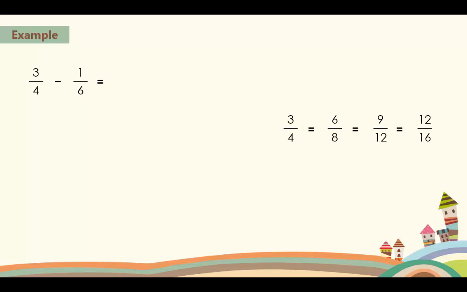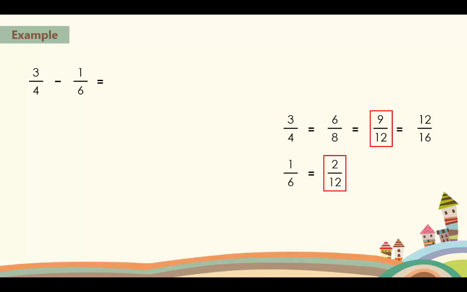An equivalent fraction of 1/6 is 2 over 12, and so on. We stop here because we've got the same denominator, 2 over 12 and 9 over 12.